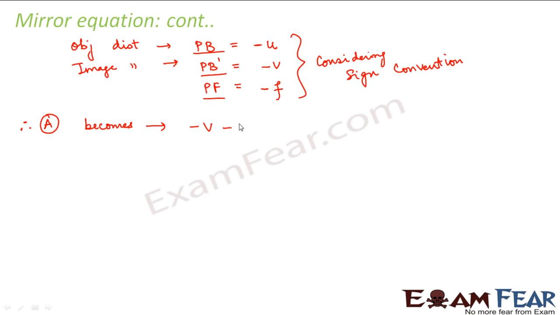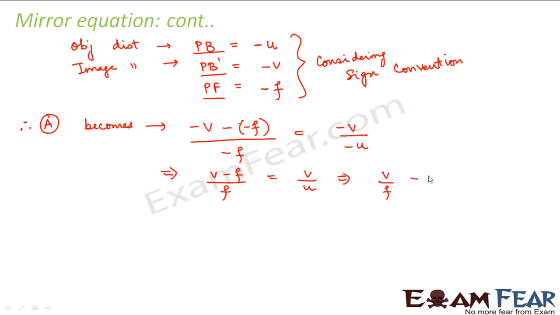PF is nothing but minus f, divided by PF, that is minus f, is equal to PB dash, that is minus v, divided by PB, that is minus u, right? So this we can write as v minus f divided by f is equal to v by u. So from this we can write v by f minus 1 is equal to v by u.